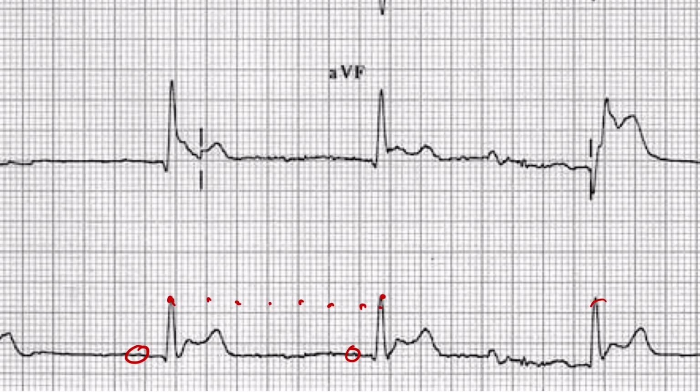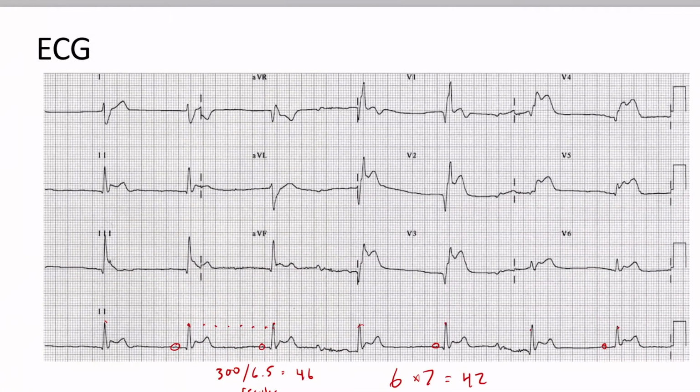The QRS complexes. So if we look across, we can actually see varying QRS complexes. So in some parts they are present everywhere. Some places they're abnormal and some places they are normal. So normal will be less than 120 milliseconds.